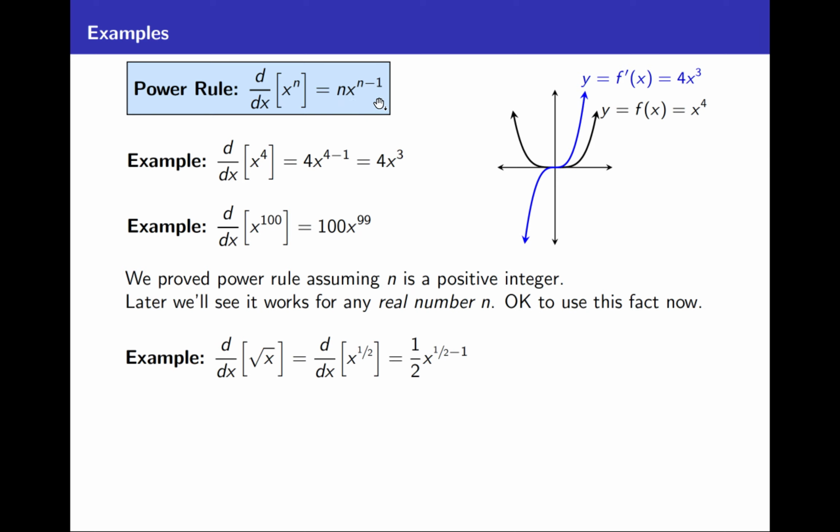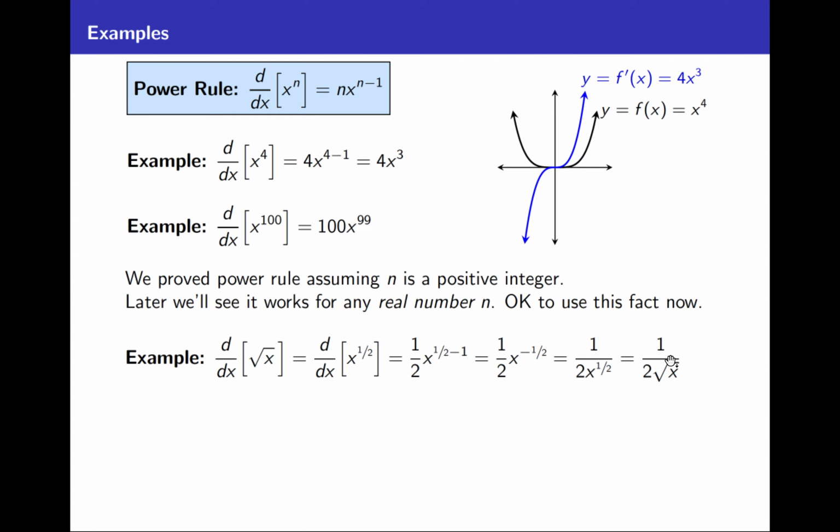That's applying this template here. That's 1/2 x to the power of negative 1/2 when you subtract 1 from 1/2. That negative power of x can go down to the bottom, 1 over 2 x to the 1/2. And that's 1 over 2 square root of x. So by using the power rule, we very easily found the derivative of the square root of x, 1 over 2 square root of x.